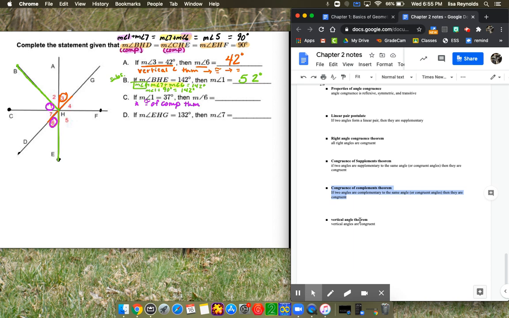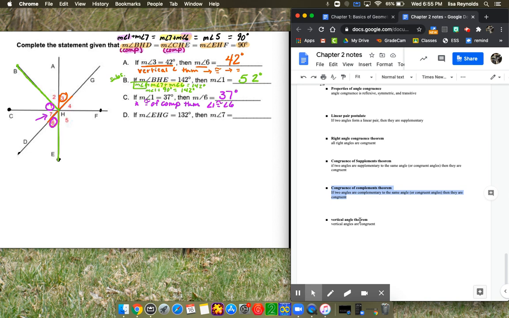Since they're both complementary with angle 7, then my angle 1 is congruent to angle 6. So they're going to have the same measure, and they will both be 37 degrees. Because of angle 7 being complementary to both of them, we use our congruence of complements theorem to get that they are congruent to each other.